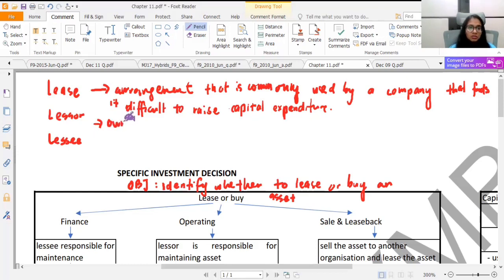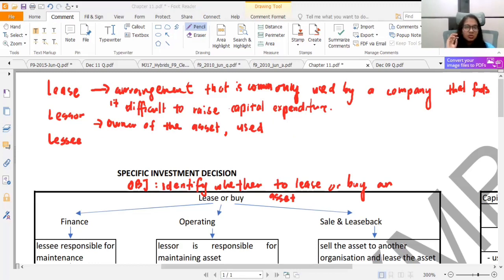So the owner of the asset used his own capital, or he provided the initial finance for the asset.